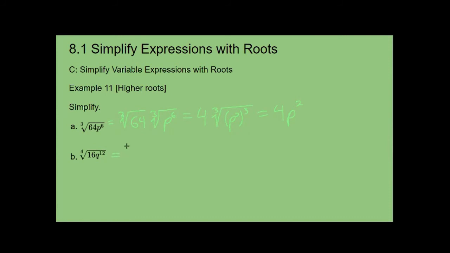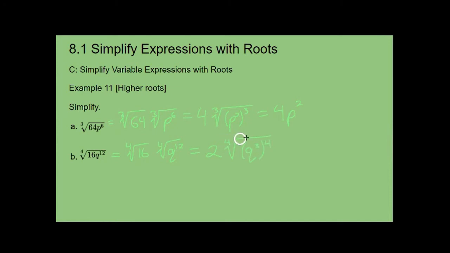Let's look at this one. Fourth root. So we're taking the fourth root of 16 times the 4th root of q to the 12th. 4th root of 16 is equal to 2. And then I want to rewrite this so that it has an exponent of 4 on it because I'm taking the 4th root. 4th root of q cubed to the 4th power.